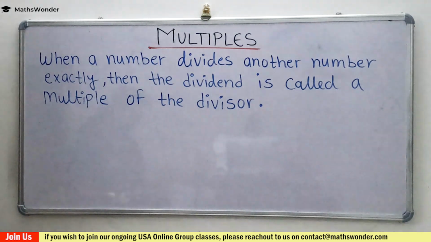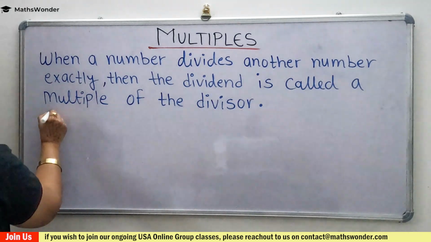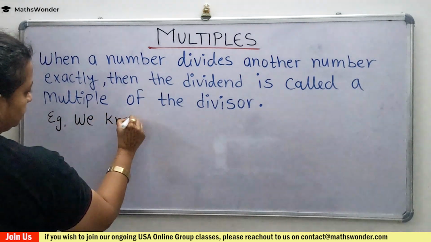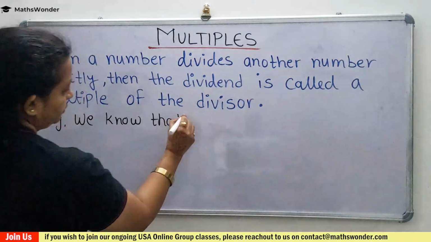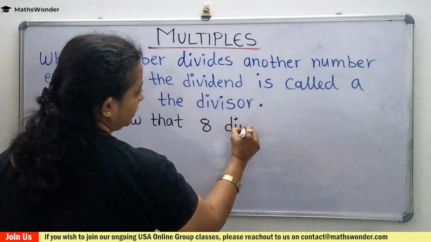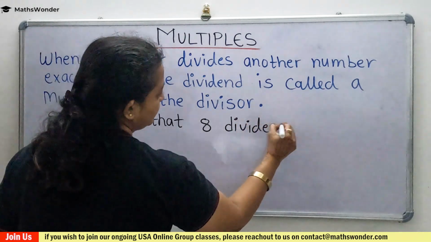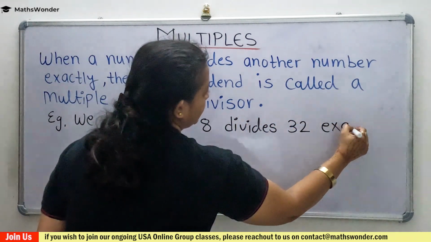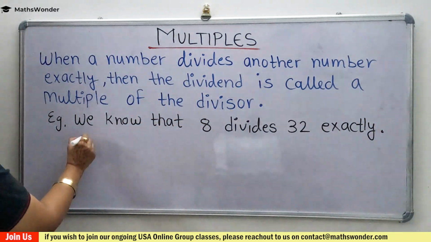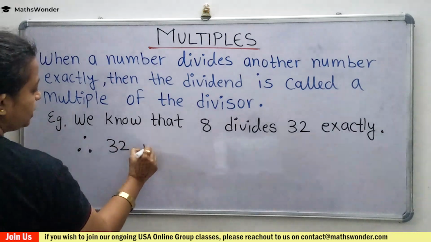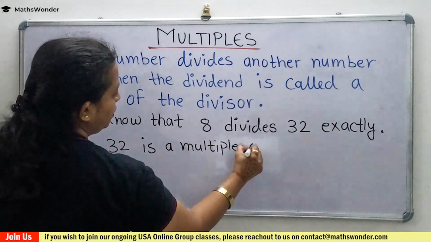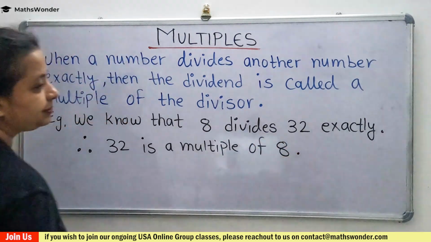So yes, we know that 8 divides 32 exactly. That means we can say that yes, 32 is a multiple of 8.